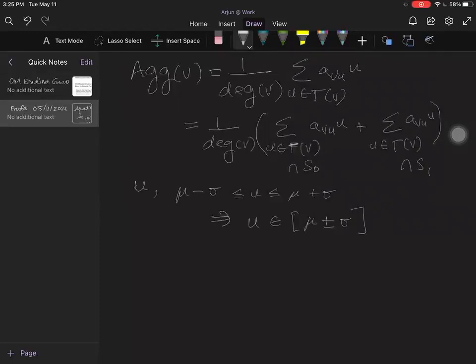So now we can rewrite our aggregation using this notation to make things a little bit cleaner. The aggregation around a node V is going to be in the set of this vector here.